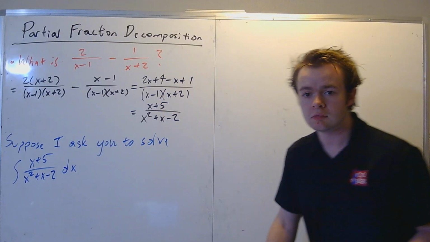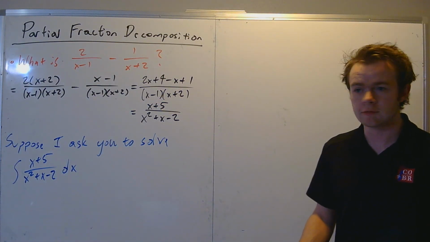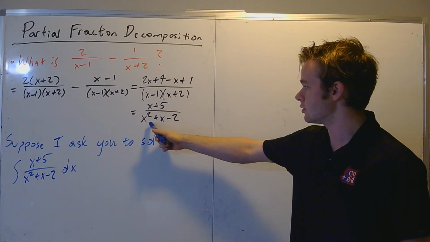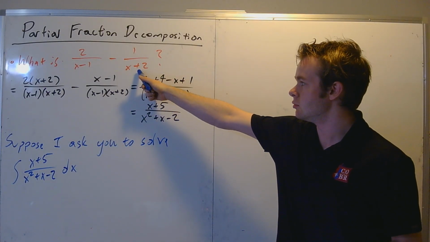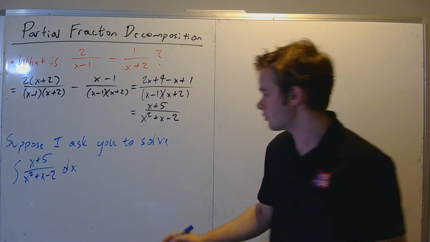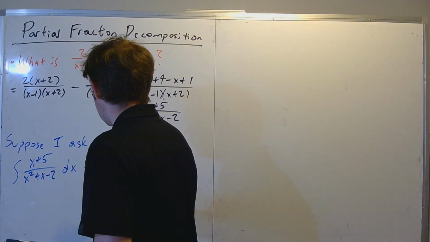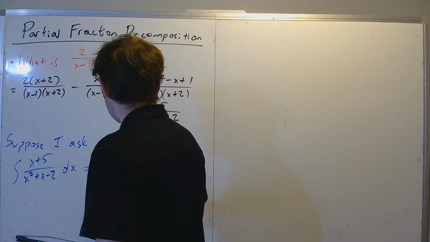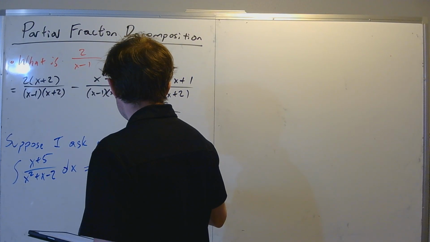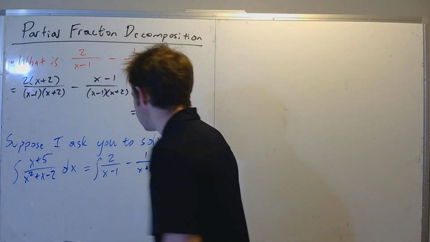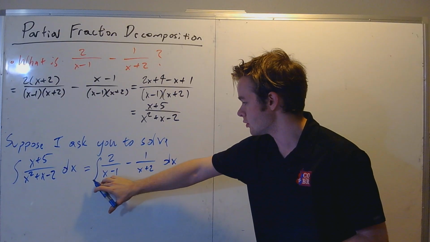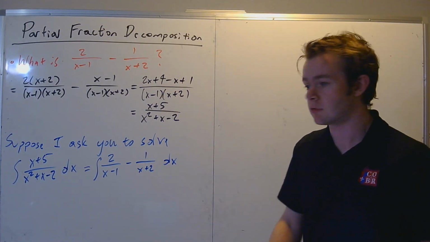We don't quite know any methods to solve this integral, but if you look back at what we did up here, we said that this fraction is actually equal to this fraction minus this fraction. So we can just rewrite this integral as the integral of 2 over x minus 1 minus 1 over x plus 2 dx. Now we can break this into two fractions, so we can take the integral of this minus the integral of this.